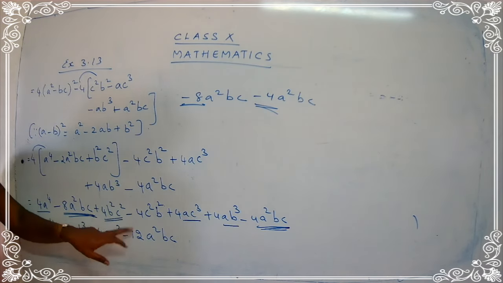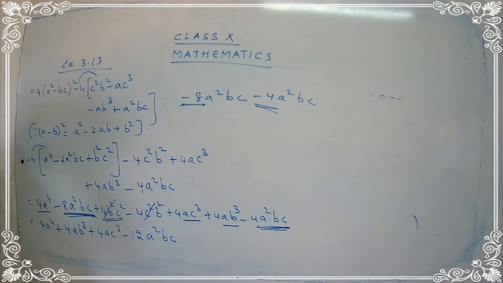So this and this term gets cancelled. 4b square c square, 4b square c square, so the term gets cancelled. So what is left now? 4a raised to 4 plus 4ab cube plus 4ac cube minus 12a square bc. Okay, this is what is left.